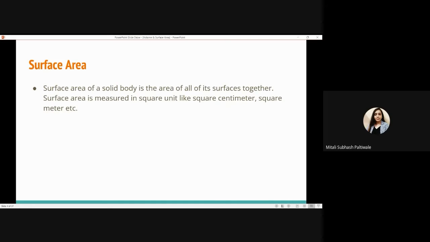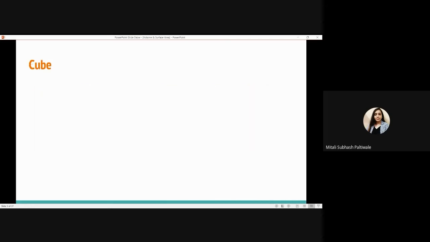Before telling its name, I'll ask you: the shape of that object looks like a square, and it has six equal sides, and the angle made by each side would be 90 degrees. If you can guess it, it is nothing but the cube.